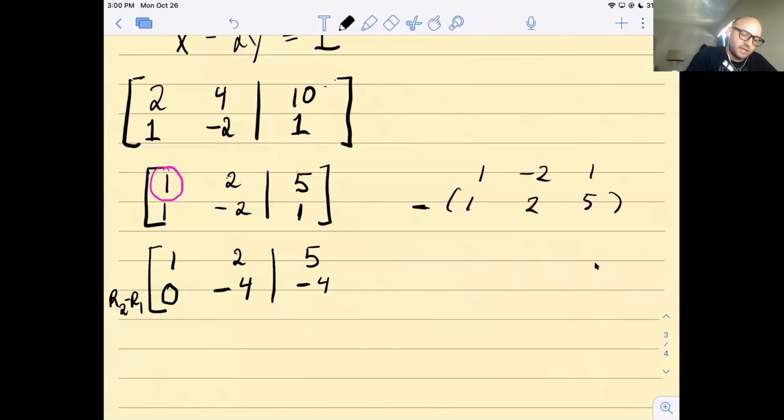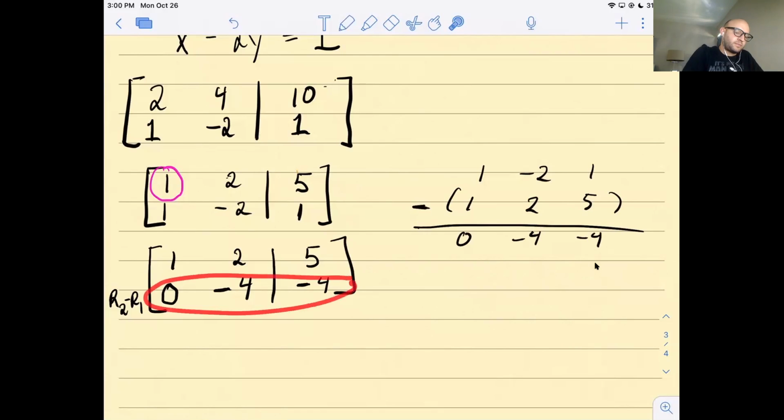Subtract this, you get 0, negative 4, negative 4. That's how I got this part. That's what I'm doing when I'm combining rows. Any questions on how I got that last part?